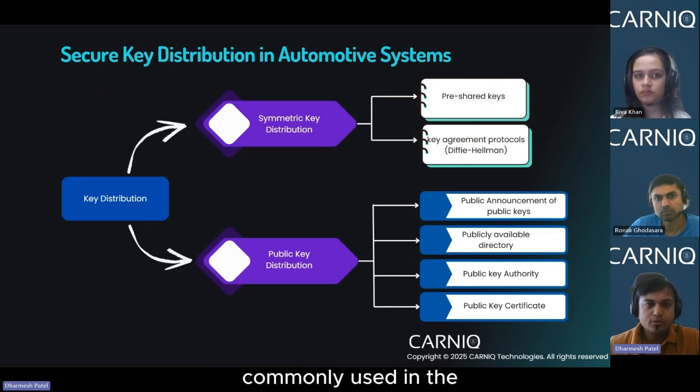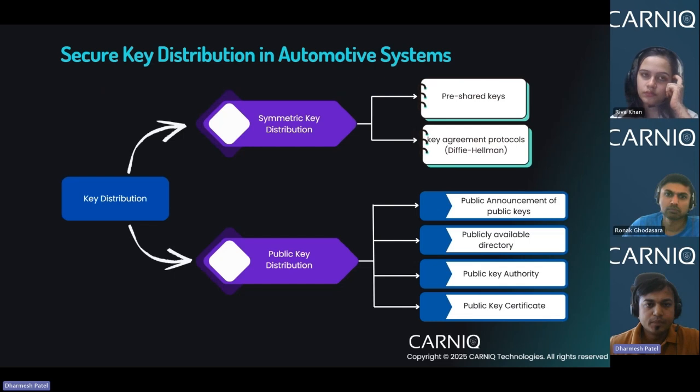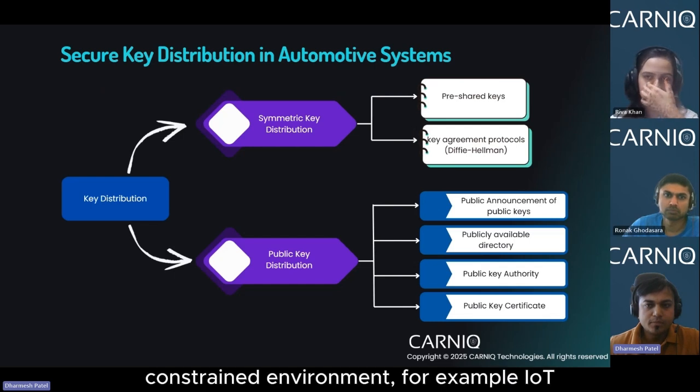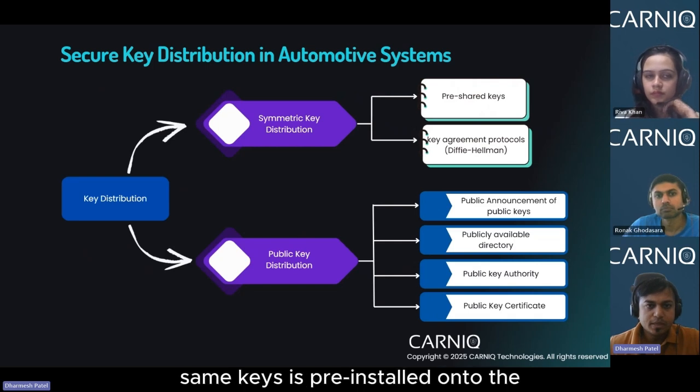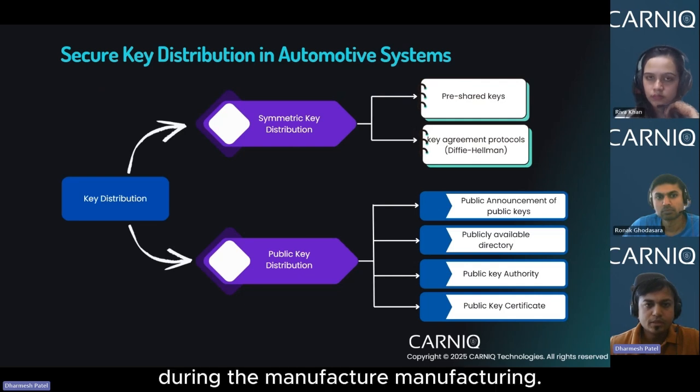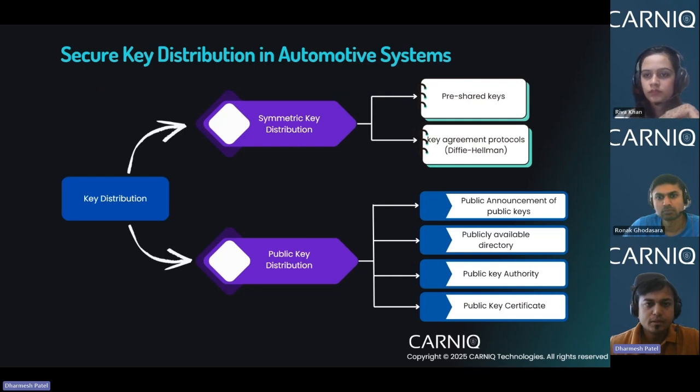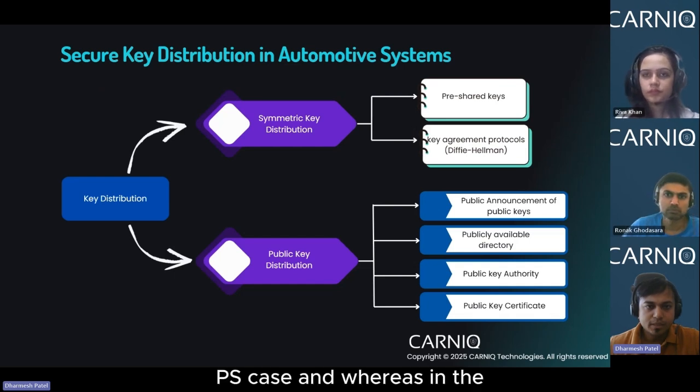It's commonly used in constrained environments, for example, IoT devices or automotive ECUs. The same key is pre-installed onto the device, for example, ECUs during manufacturing. So yeah, this is the PSK case.